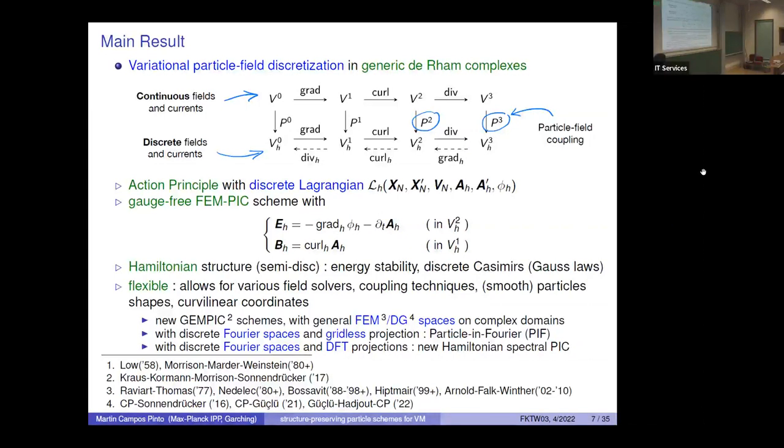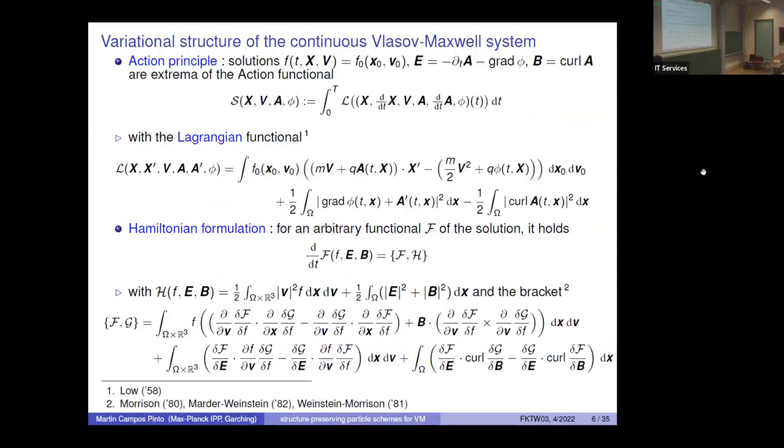You can express it completely in terms of the discrete electric and magnetic fields expressed in terms of the discrete differential operators applied to these potentials. The discrete Lagrangian will be a function of the electromagnetic potentials, but the resulting scheme is not. It is only expressed in terms of E and B, just as at the continuous level the Hamiltonian formulation can be expressed only with the electromagnetic field, and you don't need to involve the potentials.